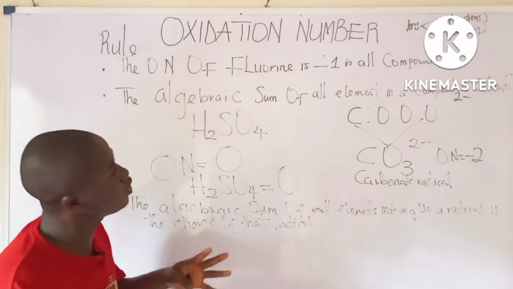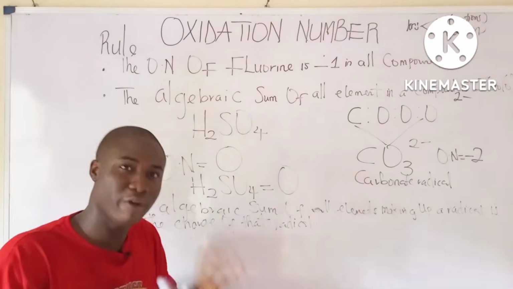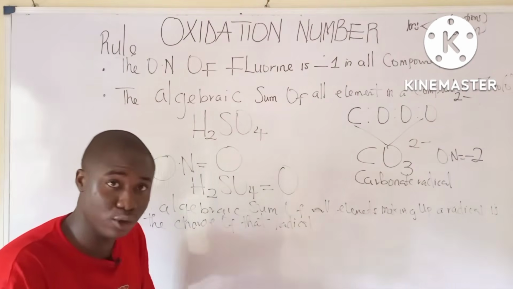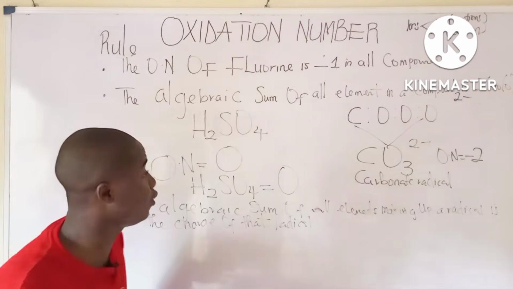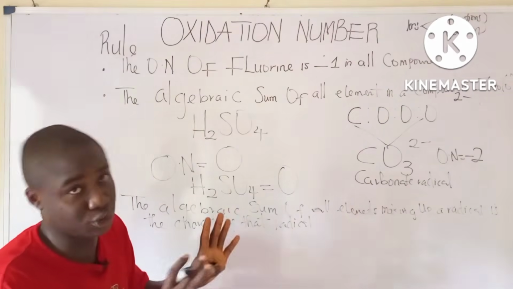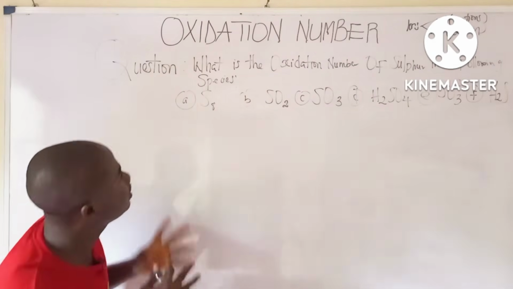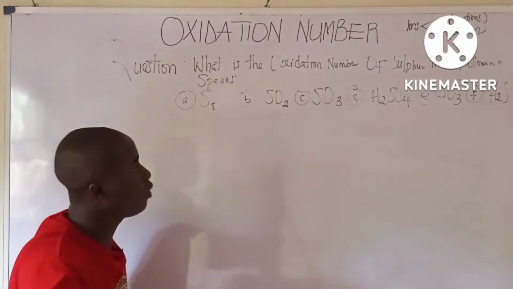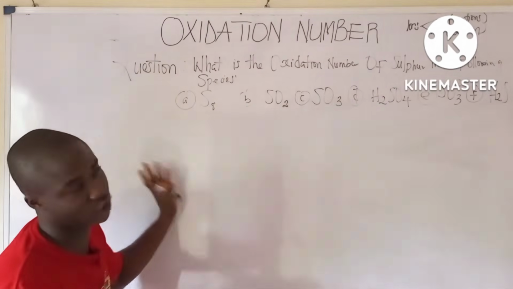So now, let us solve a particular question that cuts across all of the rules. It is very, very important you watch this video till the end so you get all the important information. Let's quickly solve a question that cuts across every rule written on the board. Now, the question says, what is the oxidation number of sulfur in the following species?